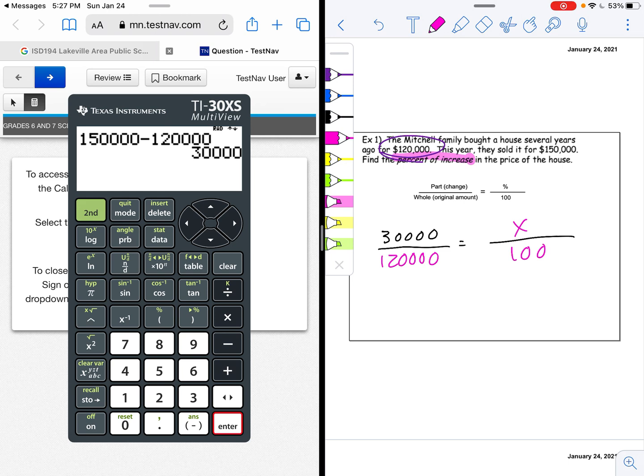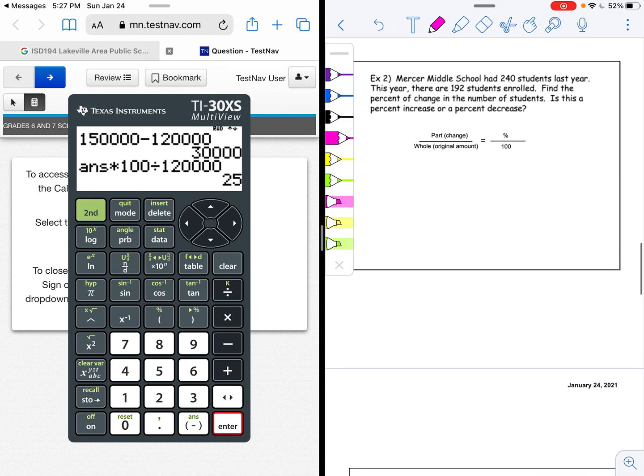So then I'm just going to come over here to my calculator. You can see I already have the 30,000 in there, so I'm just going to say times 100 and then divide it by 120,000. And so it is a 25% increase because the price did go up.